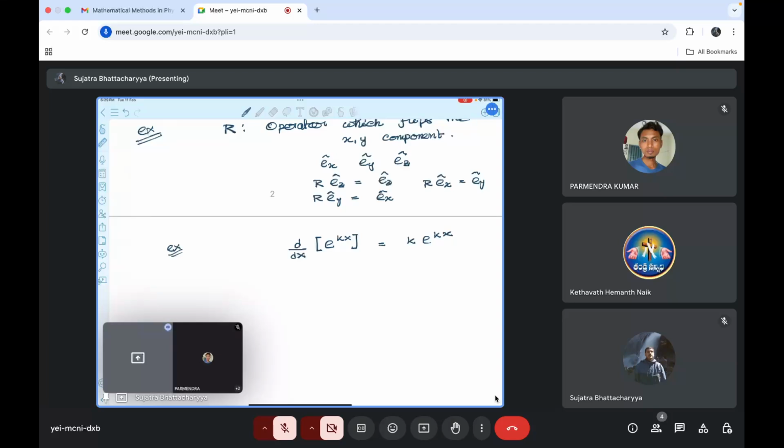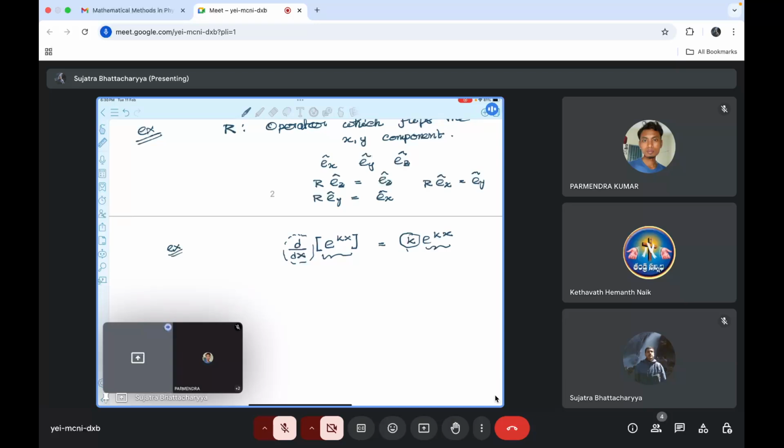So what you are getting, see, there is a vector e to the power kx. I have told you that this is some kind of an eigenvector. The same eigenvector is here, and there is a scalar value k, which is coming out here. And we can say that this is an operator, d/dx. We know that integral, differentiation, these are all operators, right? We are operating on a particular function, and it will give you some scalar value times that particular function.